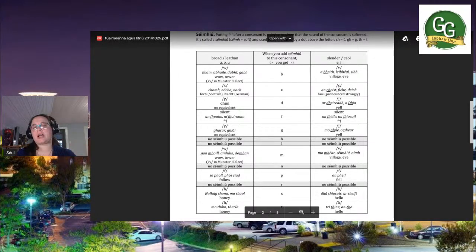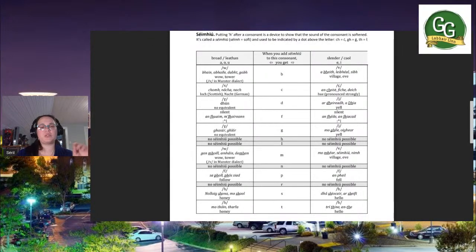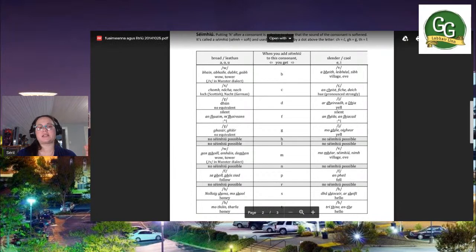But depending on your dialect, some of these will be a little bit different. So B, when it's near a broad vowel, will be a W most of the time. I hear it as a V, especially in Munster, but in other dialects it can be a W sound.